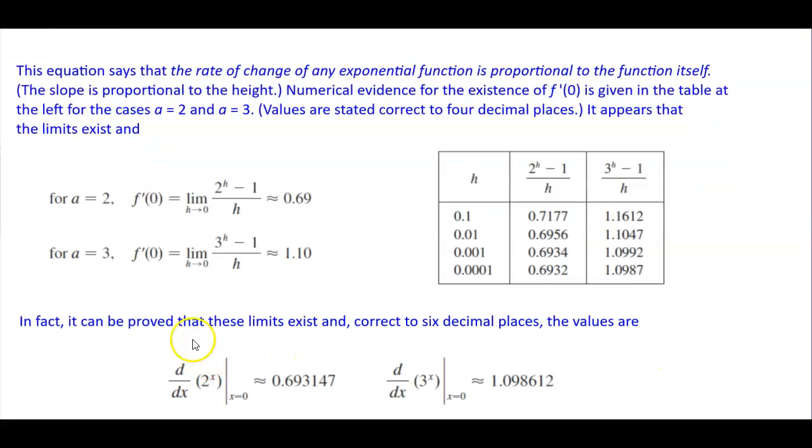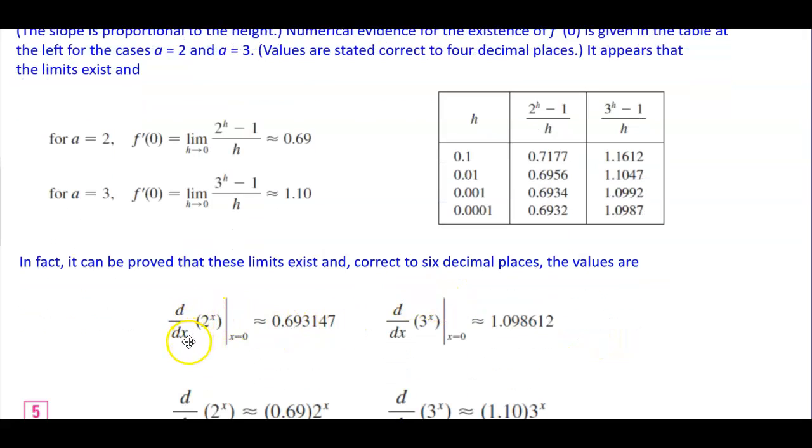In fact, it can be proved that these limits exist, and correct to 6 decimal places the values are the following. The derivative with respect to x of 2 to the x when x is equal to 0 is approximately 0.693147.